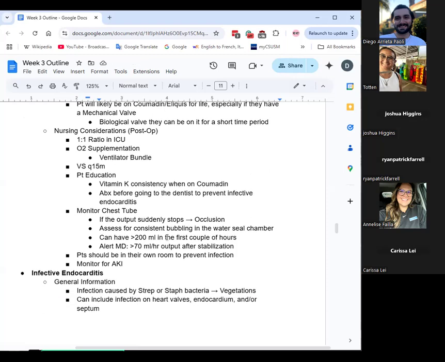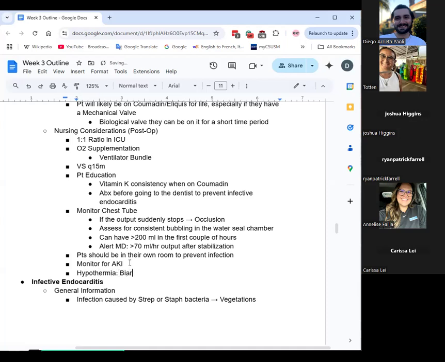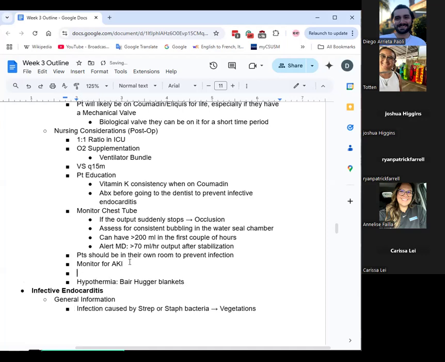Okay, that's pretty much it. Oh yeah, I think someone mentioned this too, hypothermia. For this one, they can use the Bair Huggers. And what else? Monitor for AKI, pneumonia. It says for FVD or FVO, fluid volume deficit, fluid volume overload.